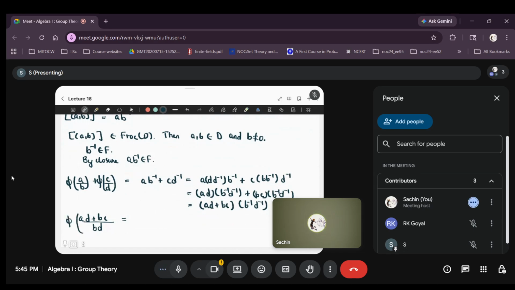Whereas phi of a d plus b c by b d is a d plus b c into b d whole inverse. b d whole inverse is b inverse d inverse, since commutativity holds. So phi of a by b plus c by d, which is this, is equal to phi of a by b plus phi of c by d.